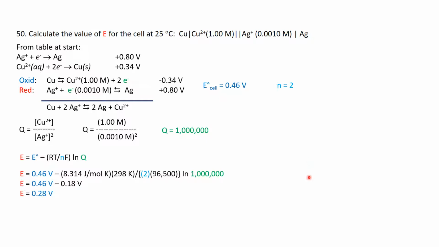However, we're not starting at Q as 1, we're starting at Q as 1,000,000, so we're going to be closer to that voltage, so the voltage to go from where we are is going to be smaller than the voltage from starting at Q equals 1. So therefore 0.28 compared to 0.46, and that difference associated with Q being 1,000,000 is 0.18 volts. We'll do some of these, of course, in class, go through them a bit more slowly, but hopefully you'll have a look at these and be able to figure it out.